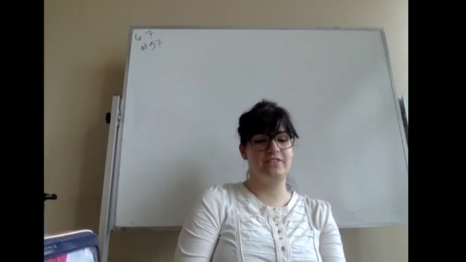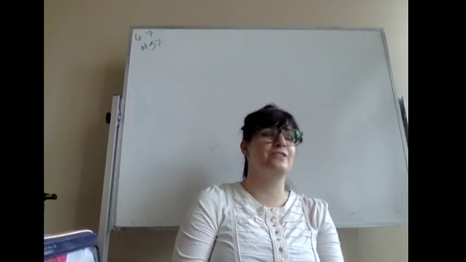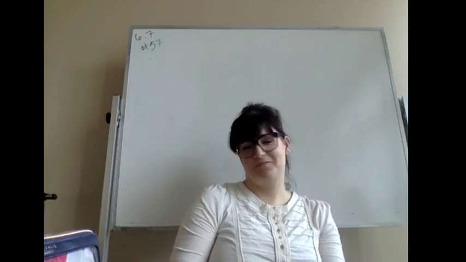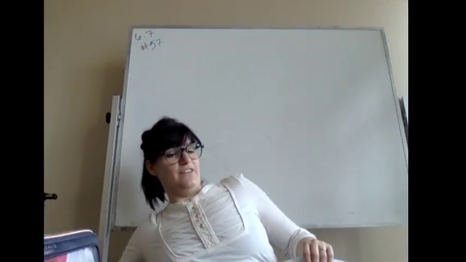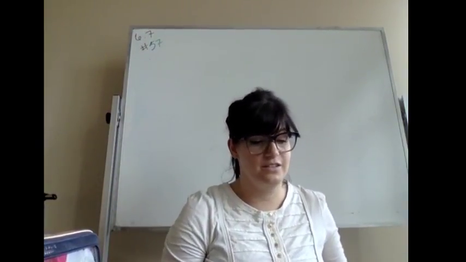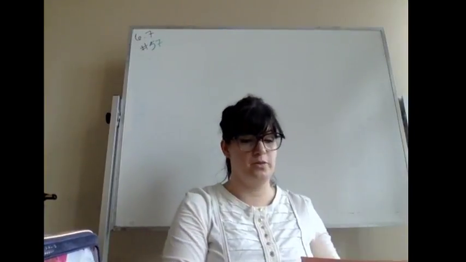So on page 373, there is a beautiful table where it summarizes everything that we've been doing in this chapter. So it says, if it's a zero, that means k is a zero of the polynomial function. As a factor, x minus k is a factor of the polynomial.